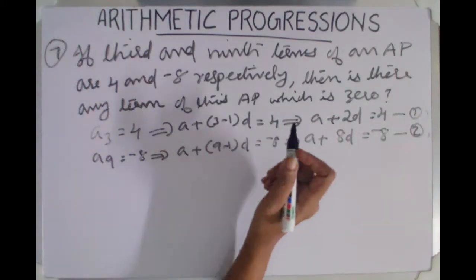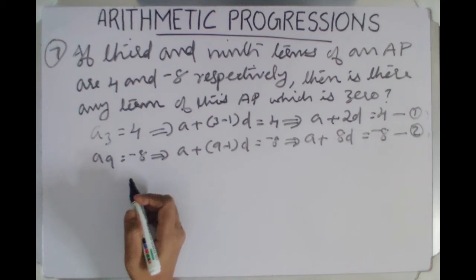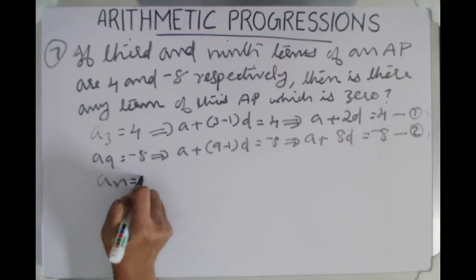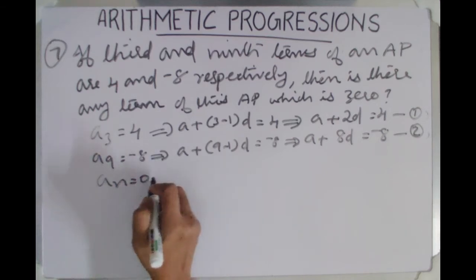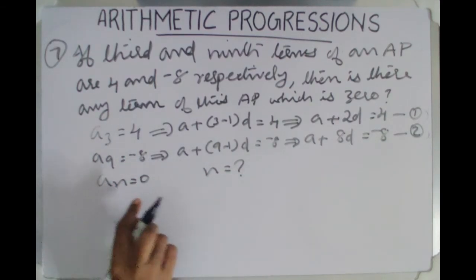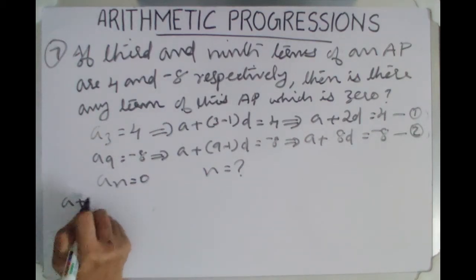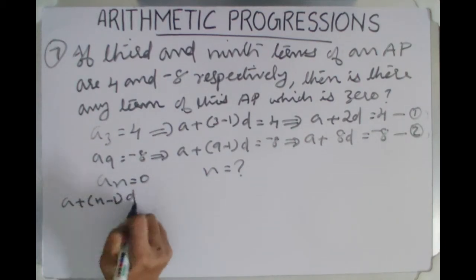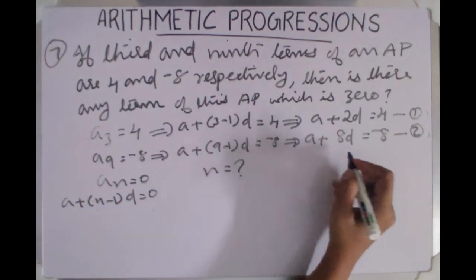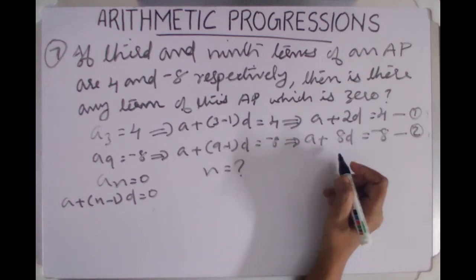Then if there is any nth term which is 0, we have to find the value of n. That is, if an equals 0, then find the value of n. For that we need the values of a and d, because an is a plus (n minus 1) into d, which equals 0. We find a and d from these equations.